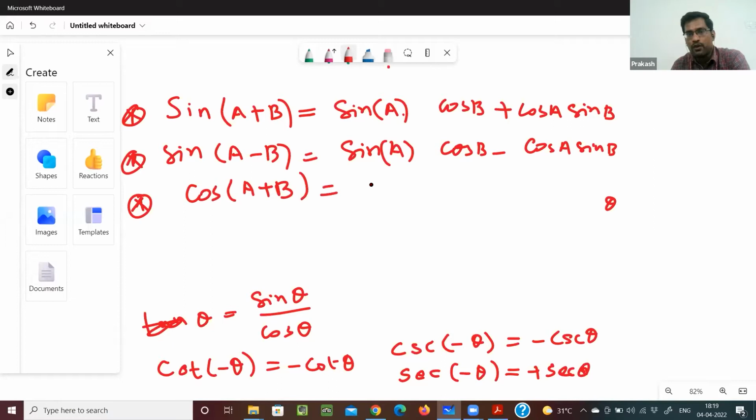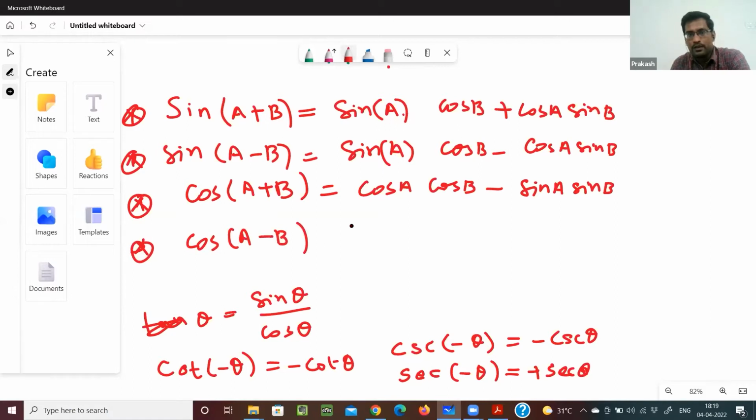And another one, cos of a plus b, is nothing but cos a cos b minus sine a sine b. Then one more identity: cos of a minus b equals cos a cos b plus sine a sine b.